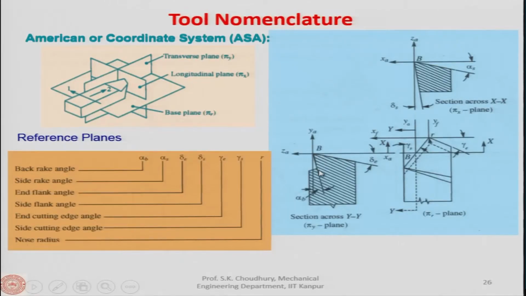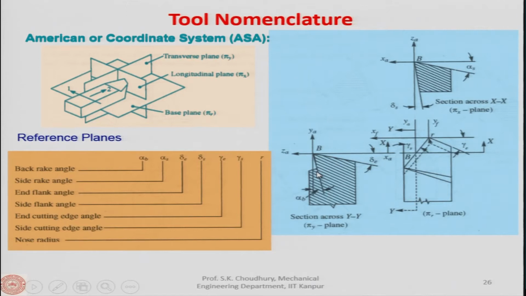So, for example, in case of the back rake angle, this is the angle between the rake face here and a line which is perpendicular to the cutting velocity vector. Okay. Similarly, here this is the line XA, perpendicular to the cutting velocity vector, and this is the angle between that line and the rake face of the tool. So, these are the 2 rake angles.